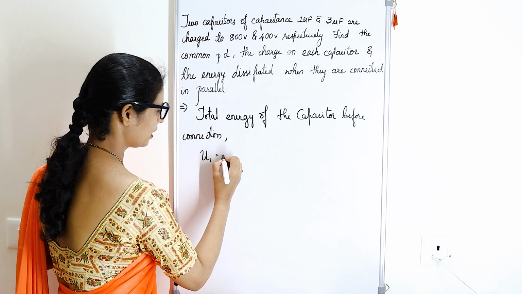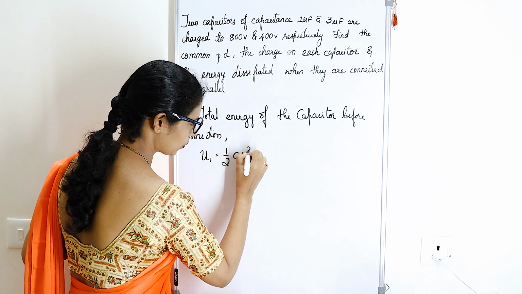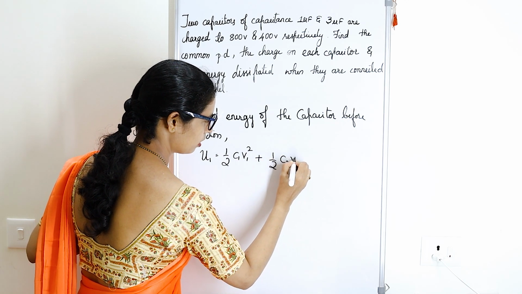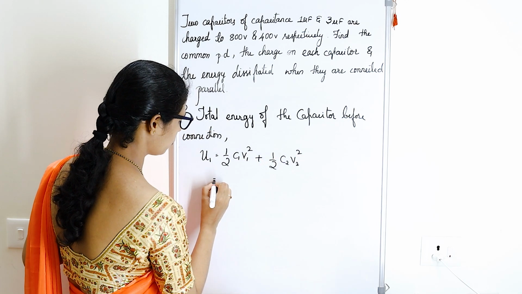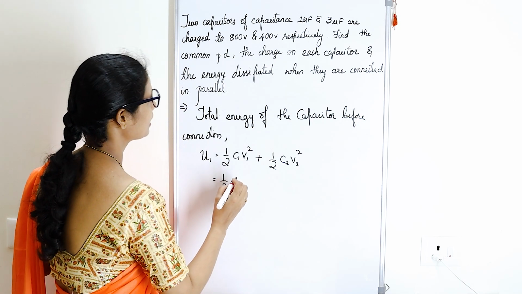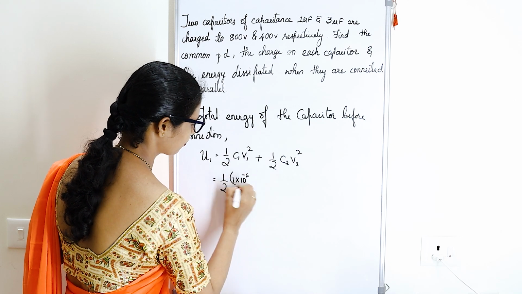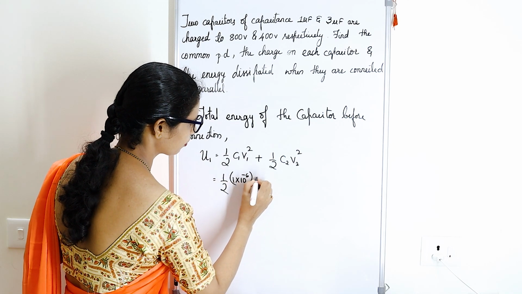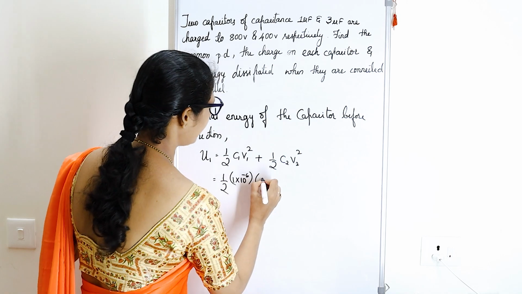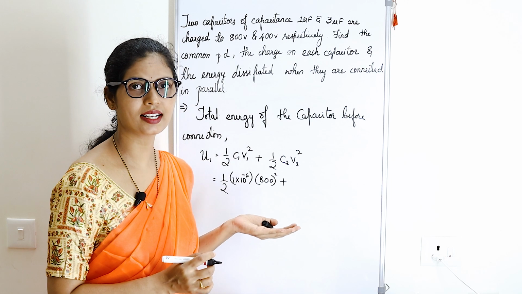U1 is the energy, half C1 V1 square plus half C2 V2 square. So half, and C1 is 1 into 10 to the power of minus 6, into V1, which is 800, the whole square. So this is before parallel connection.